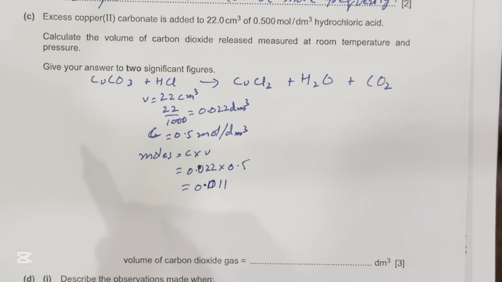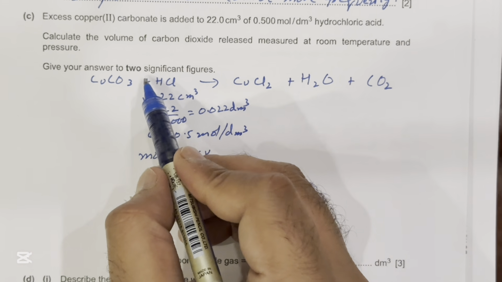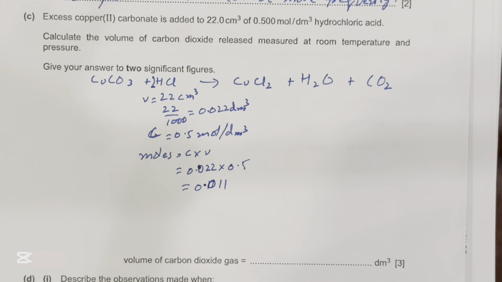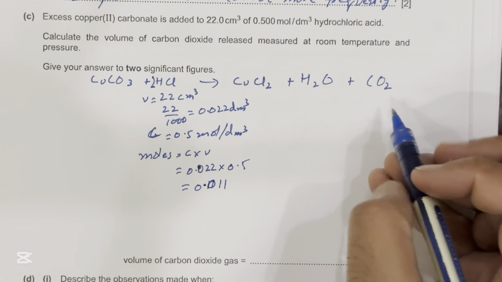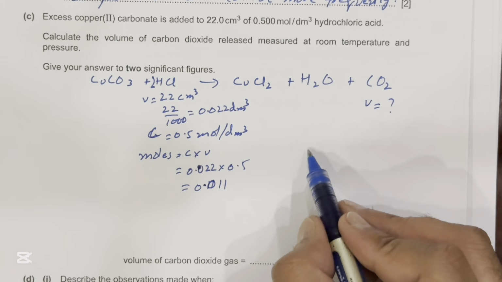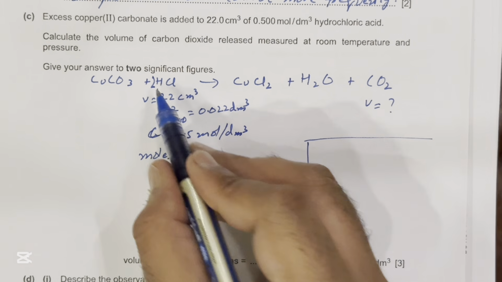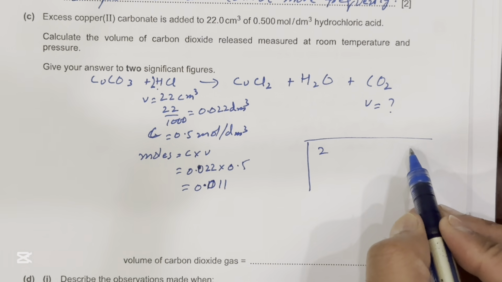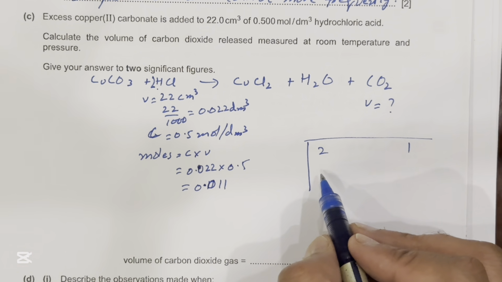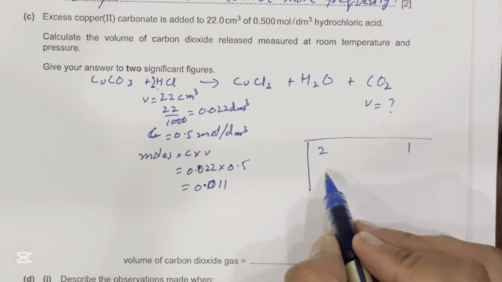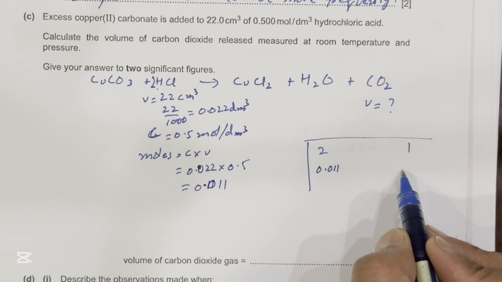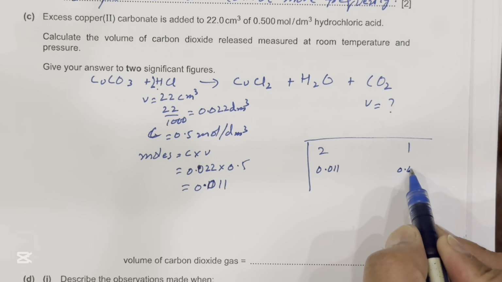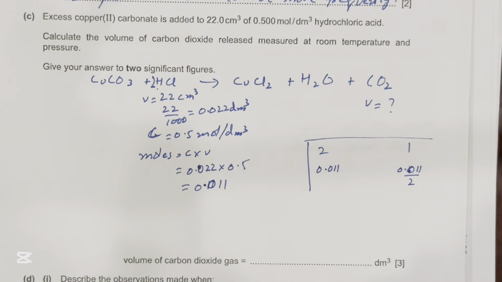So from the balanced chemical equation, it was 2 HCl and you need to compare it with the carbon dioxide to calculate the volume. From the balanced chemical equation, you can see that there are 2 moles of HCl and 1 mole of carbon dioxide. Over here there are 0.011 moles, so half of it would be 0.011 divided by 2.